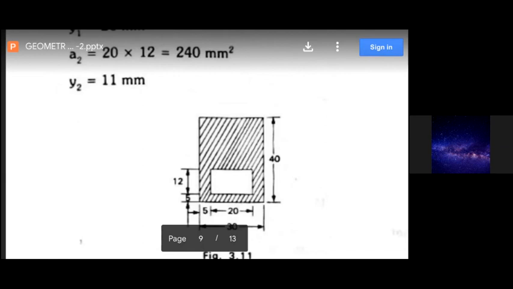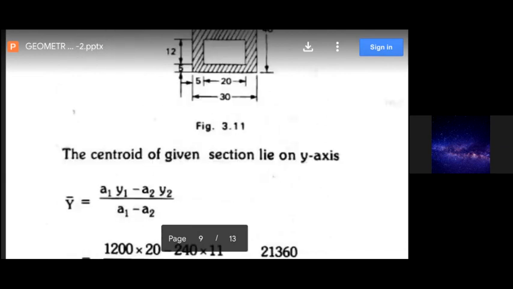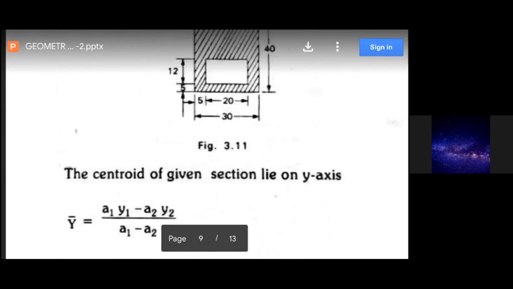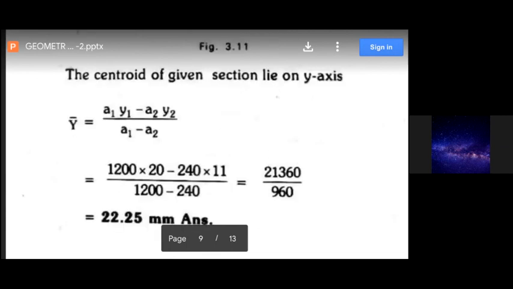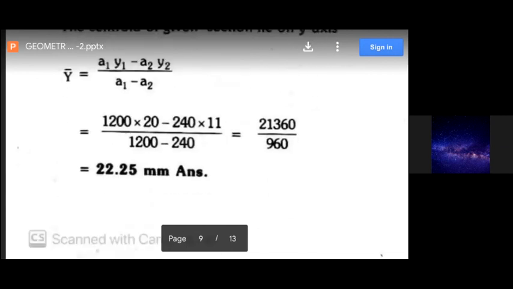Okay, let's substitute here. Centroid of the shaded area, y bar is equal to a1 y1 minus a2 y2 by a1 minus a2. Substitute the values and calculate. Y bar will be 22.25 mm.